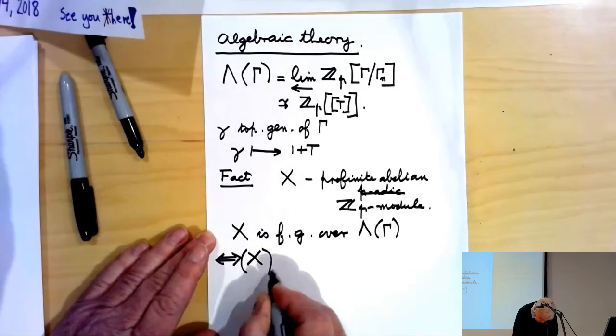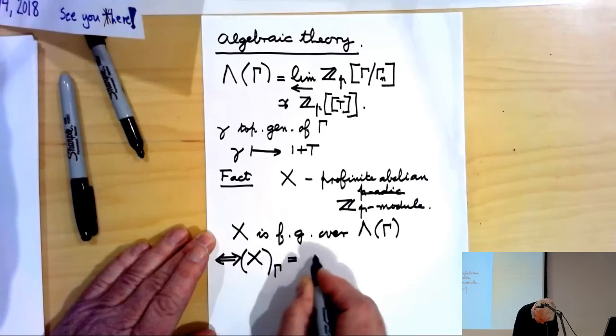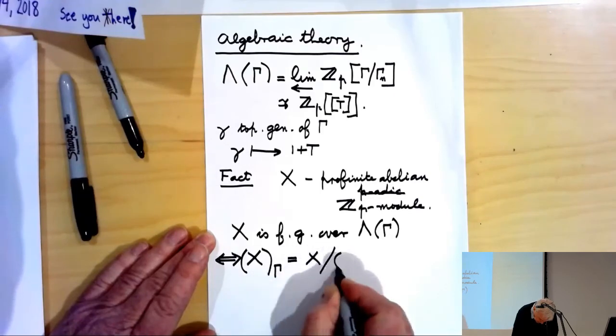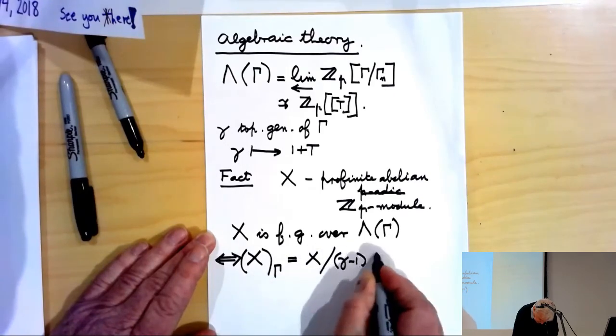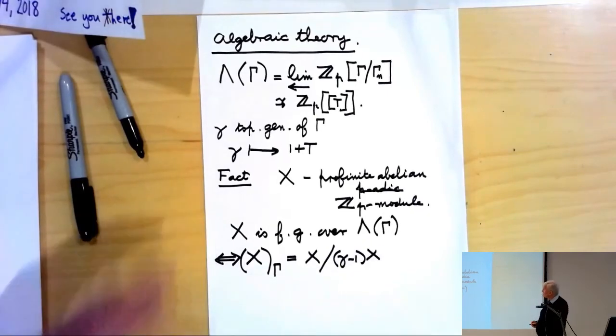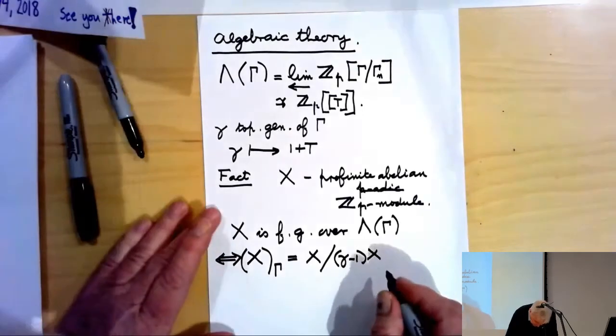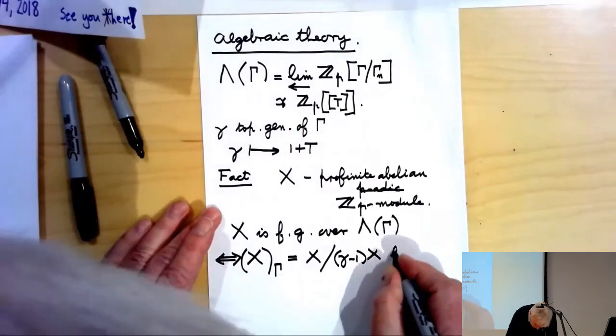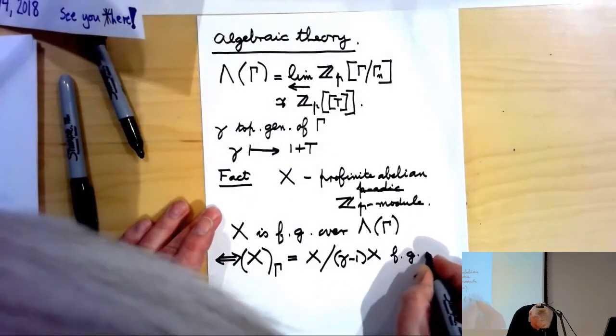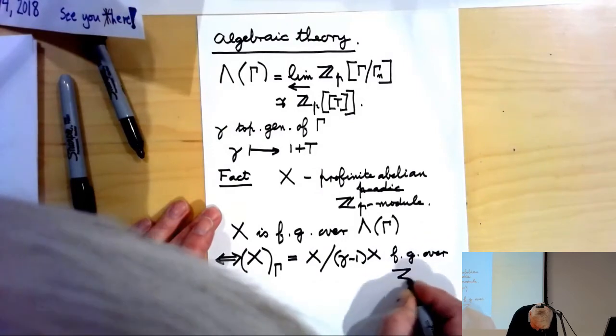the gamma co-invariants, so this is X over gamma minus 1 X, if you like, the largest quotient on which gamma acts trivially, that this is finitely generated over ZP.